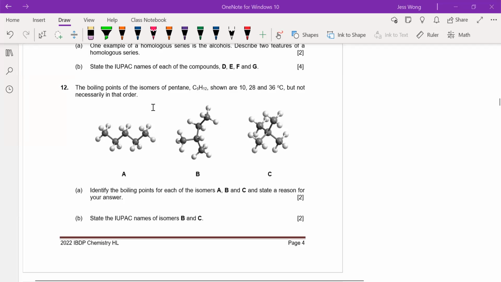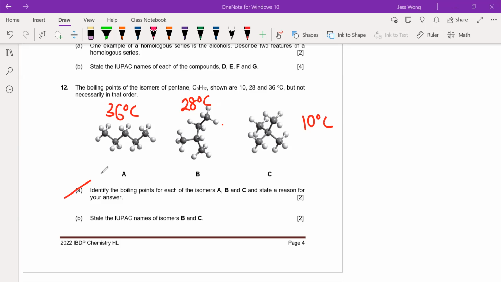Okay, next, the boiling points of the pentanes are shown here. We need to identify them. This again is about the extent of branching. The least branched structure will have the highest boiling point, and the most branched structure will have the lowest boiling point, and this one will be intermediate. So identify and state a reason.